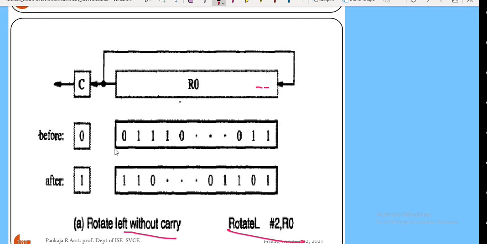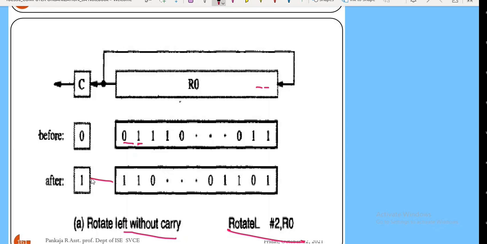Now consider an example. The initial value is 0, 0, 1, 1, 1, 0, something like that. The instruction I have taken is rotate left #2, R0. Whatever I am rotating, these 2 bits, goes out of this register because I am rotating 2 bits.